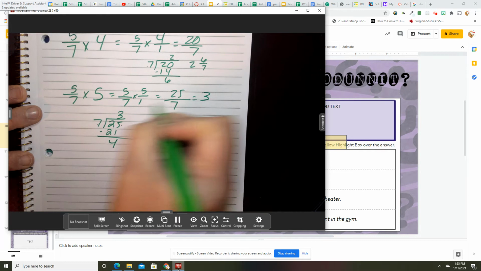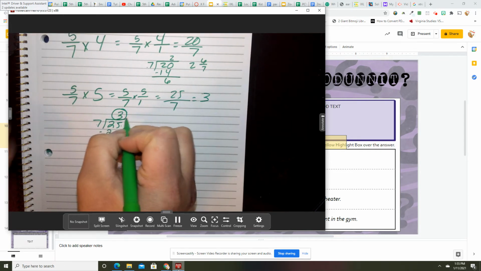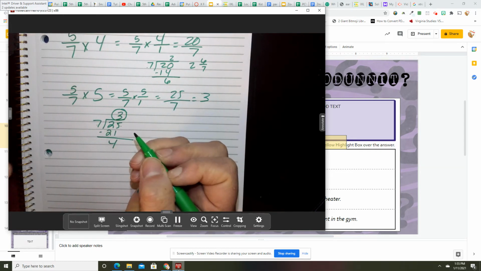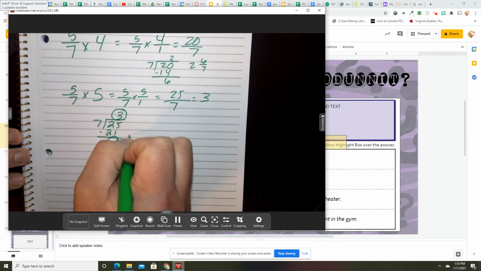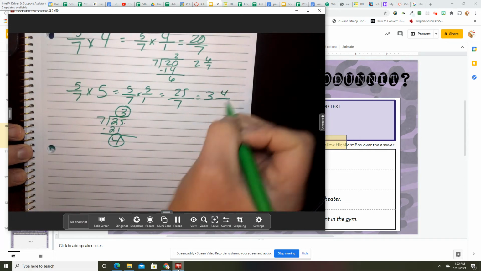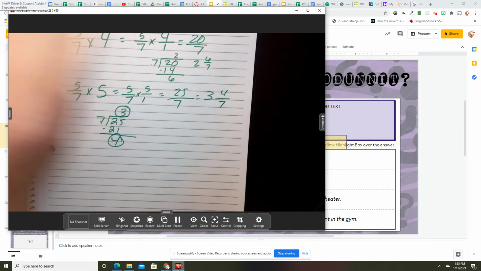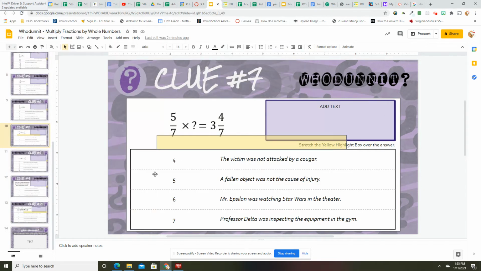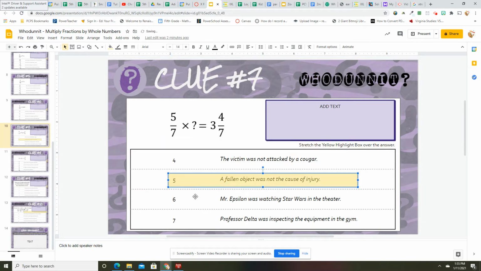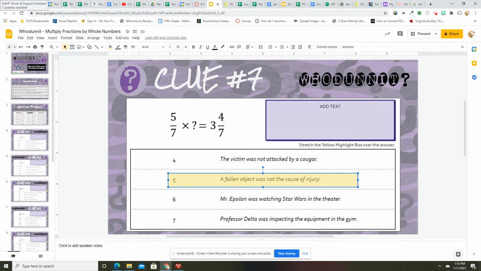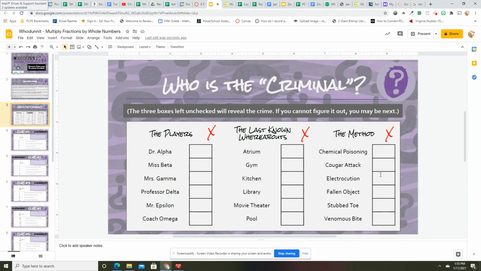So you have 3 as your whole number, because every answer in the division problem is the whole number. Then you get 4 as the numerator and 7 as the denominator. I believe that's our answer. Yep. So we're going to move our highlighted box over the 5. Our clue is that a fallen object was not the cause of injury, so go back up here, and fallen object gets marked off.